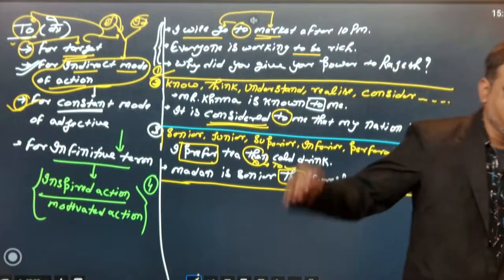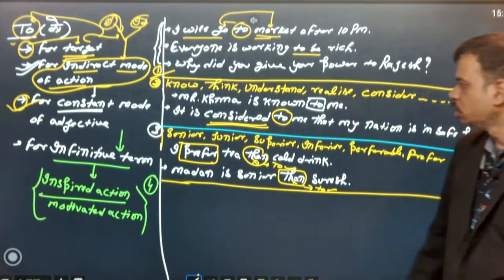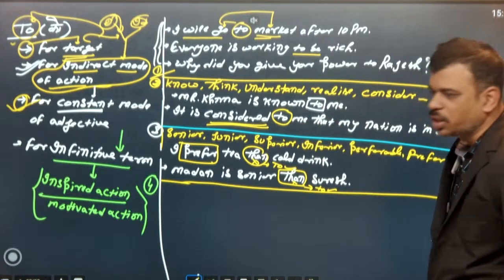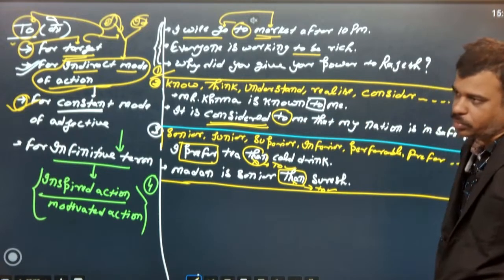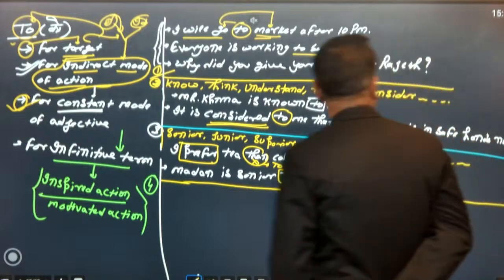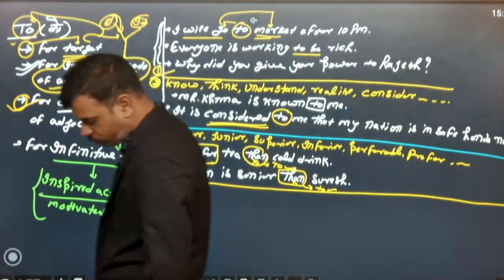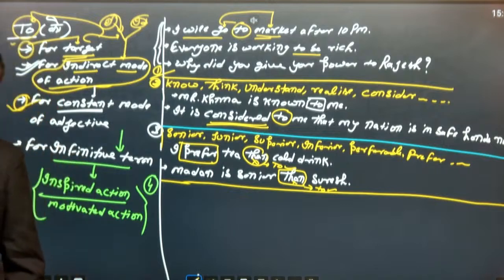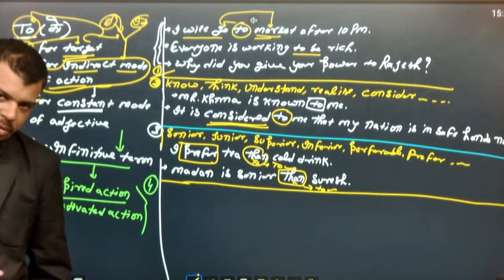So when the action is inspired or motivated, we generally use what? Infinitive term. So there is a great difference between the tense verb and the infinitive verb. A tense verb is also a general action. Infinitive verb is also the inspired action.